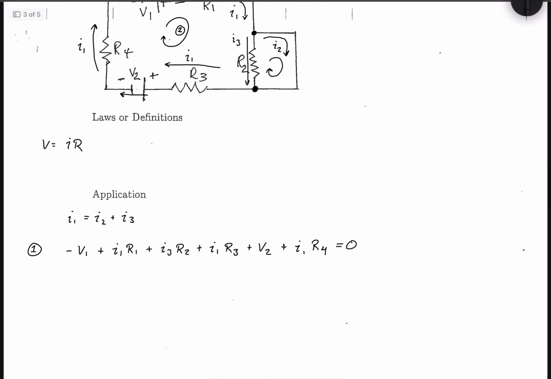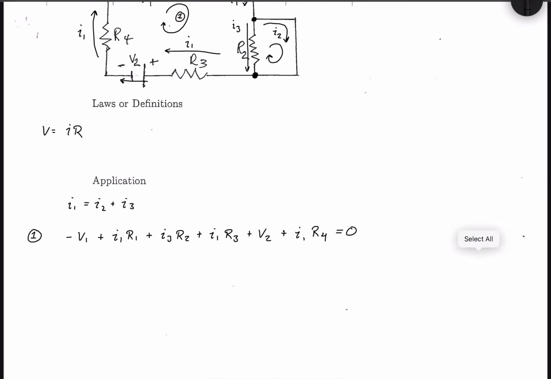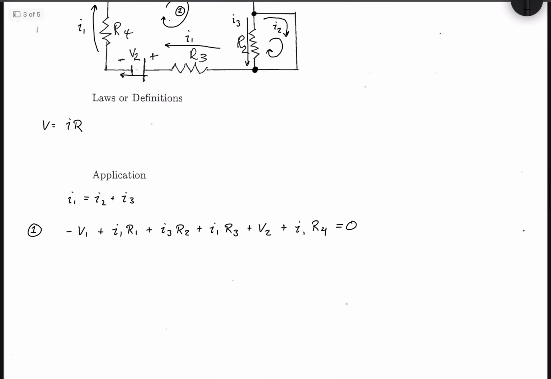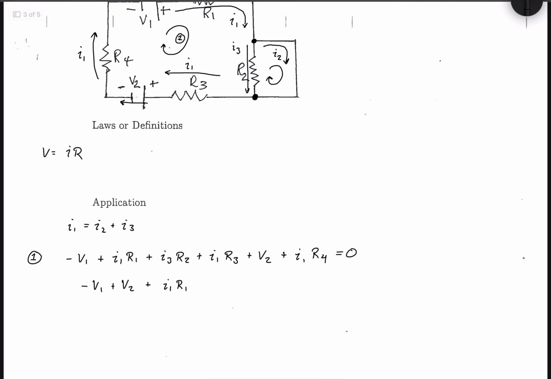Okay, so we want to work with this one real quick because it is a mess, right? Let's put the voltages near each other, and let's combine like terms for all the resistances that have current 1. So we have current 1, R1. I had to do this one earlier because it was kind of confusing at first.